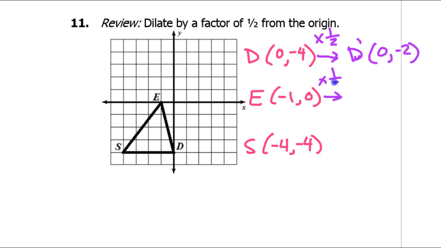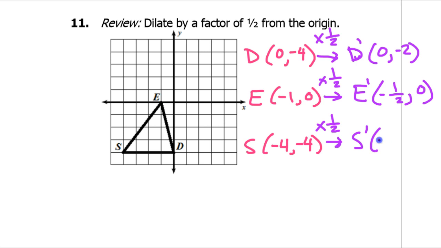I'm going to multiply by 1/2, and that should give me E prime. So half of -1 is -1/2. Half of 0 is still 0. That's E prime. And finally, S prime, again, I simply multiply by the scale factor, and that's going to give me -2, comma, -2.